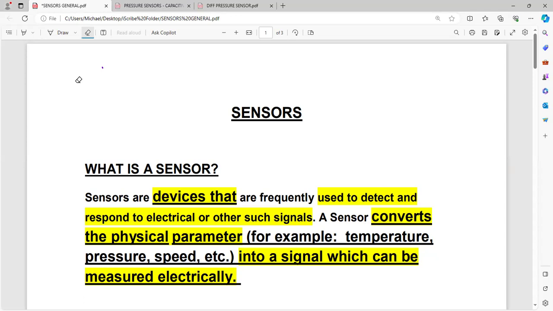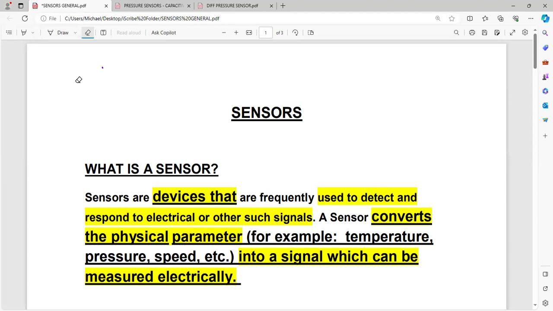Okay, so new round of topics starting with sensors. What is a sensor? If it is asked to you in the orals, this is the definition that you are going to give. Everything that is highlighted in yellow, made bold and underlined. A sensor is a device that would convert a physical parameter. What is the physical parameter?